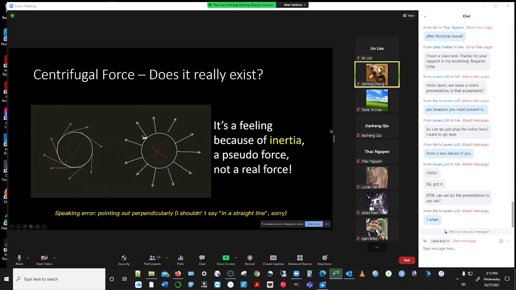The reason why we have this feeling of centrifugal force is actually because of inertia. So centrifugal force is actually a pseudo force, it's not a real force.